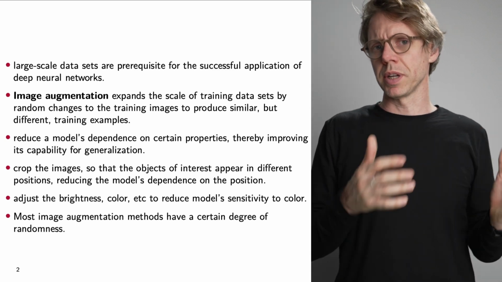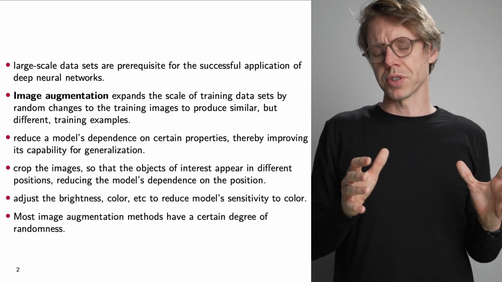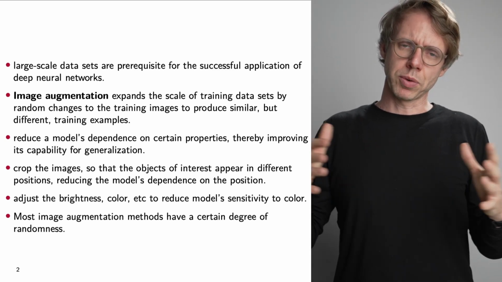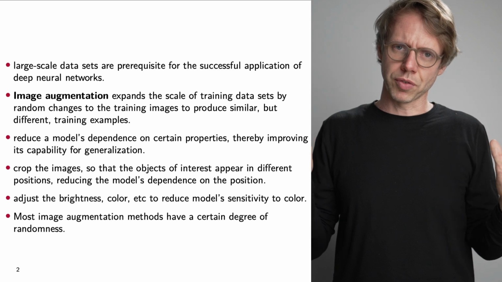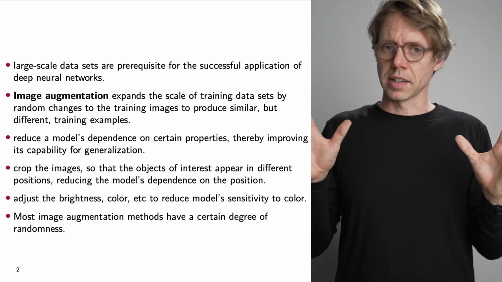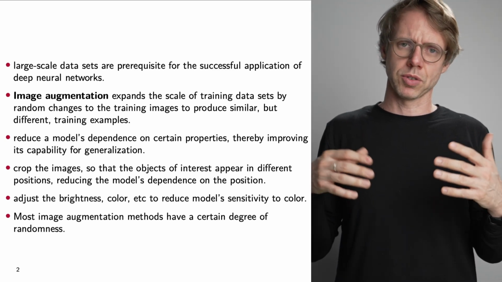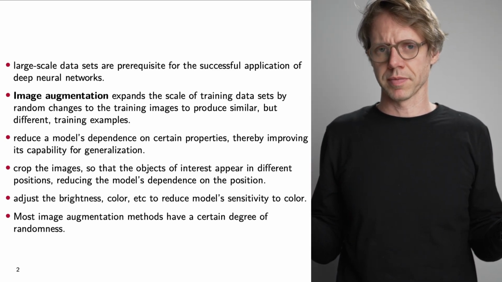Not only can we increase the amount of images that are available, but we also increase the variety of the dataset. And as a result, our model will be made more robust to variations in the images.